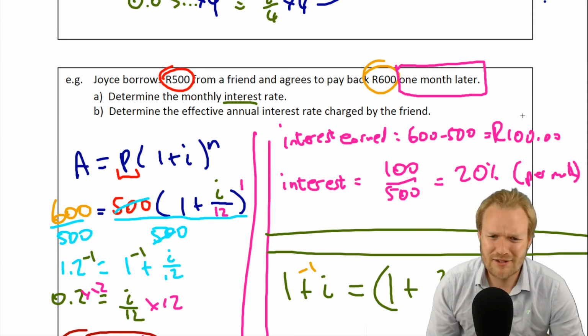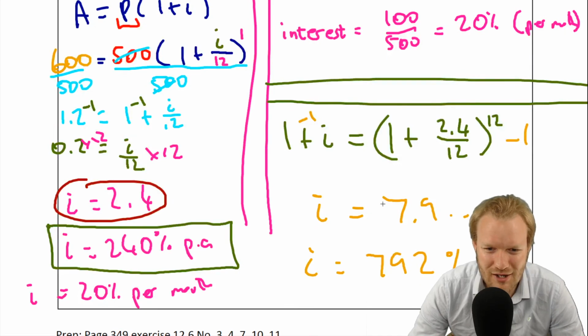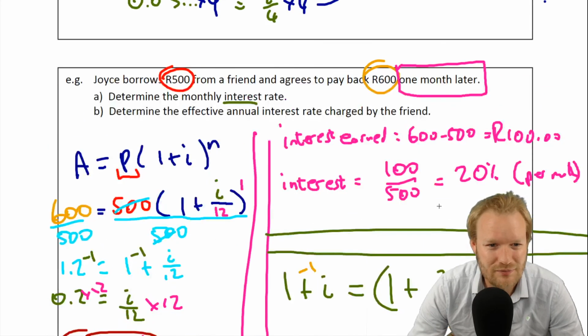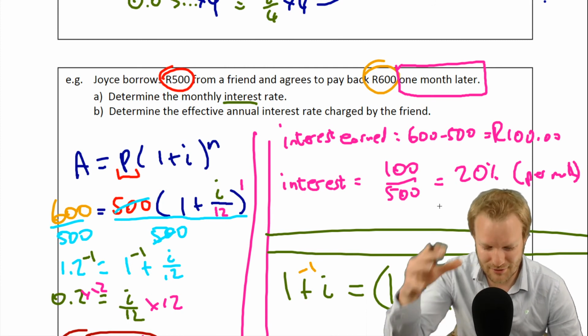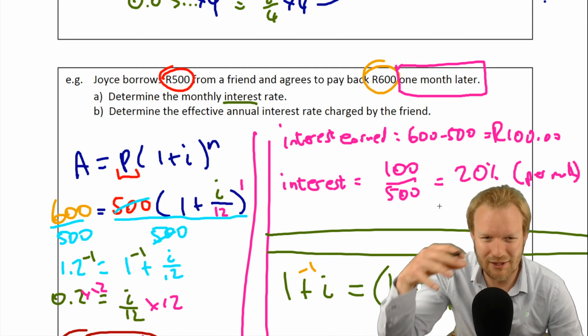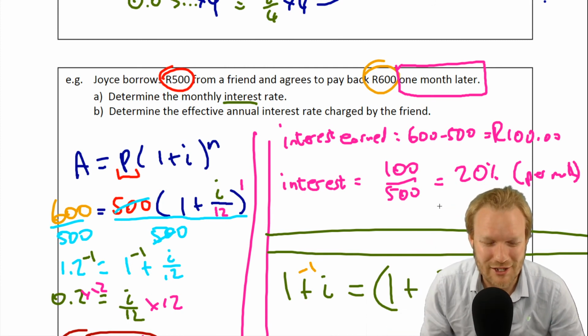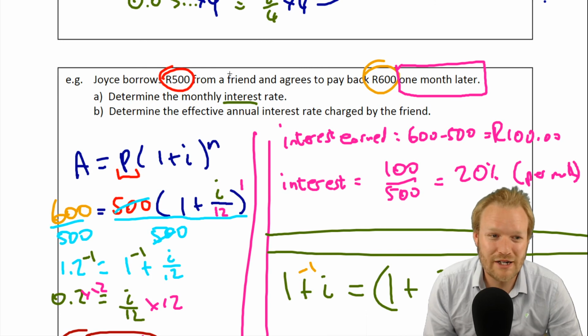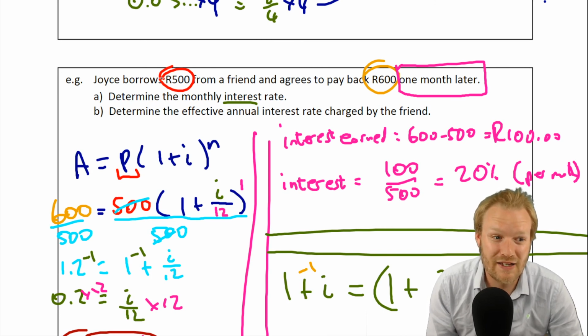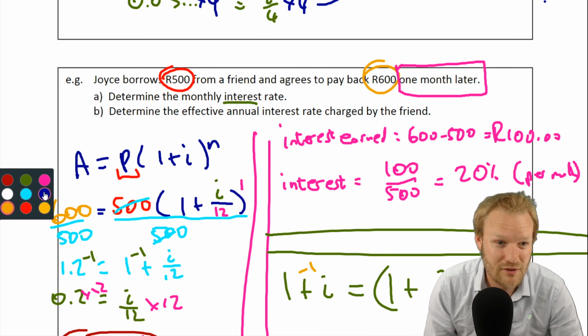Let's make sense of that. 792%. And I'm also going pa because I'm trying out the pop thingy to see how well it's working. 500, 600. So let's say that Joyce borrowed for an entire year using this scheme.